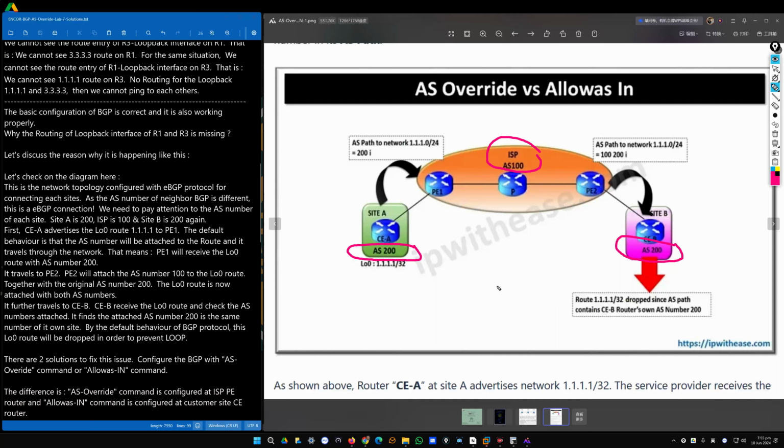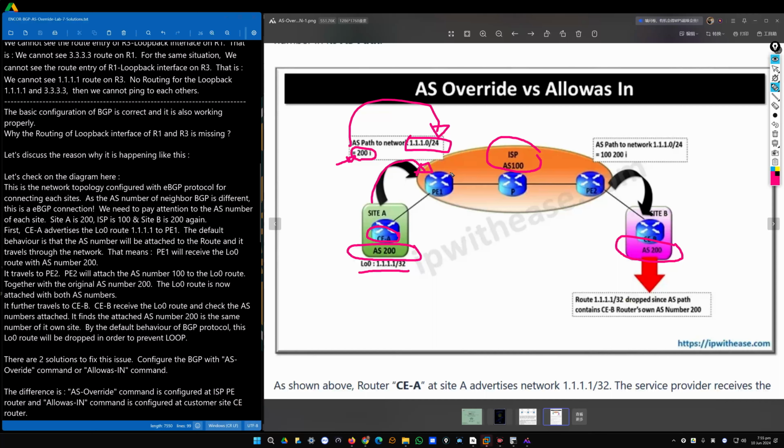First, the CEA router advertises the loopback 0 route to PE1. The default behavior is that the AS number will be attached to the route and it travels through the network. This is the AS number attached to the route. That means PE1 will receive the loopback 0 route with AS number 200.